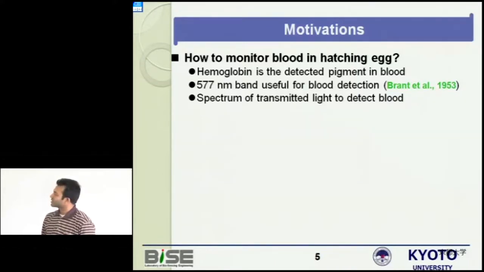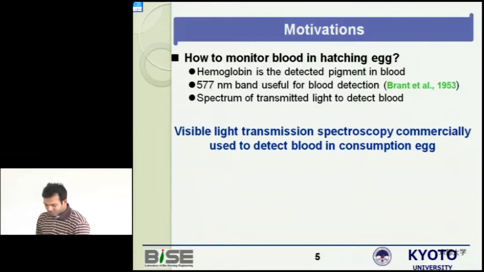So this can be used to monitor the change in blood content in the incubating egg. Visible light transmission spectroscopy is also commercially used to detect blood in consumption eggs, so we can use a similar principle to detect blood in incubating eggs.